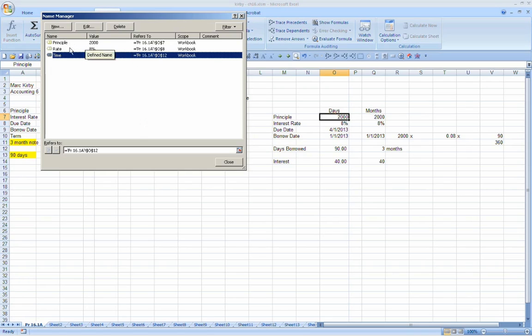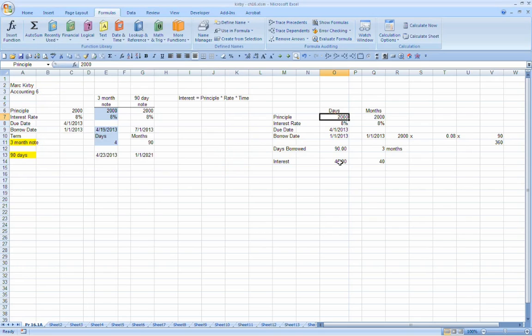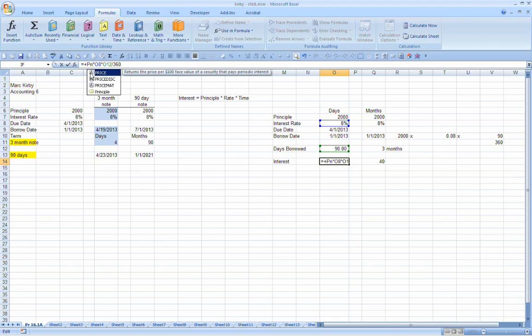Notice I just created principal, rate, time. Tells you their current value, tells you what they refer to. Close. So over here, instead of O7, I could type in principal. Notice I type in PRIN, and Excel starts to give me options. What could I plug in there? I'm going to back up a tad.